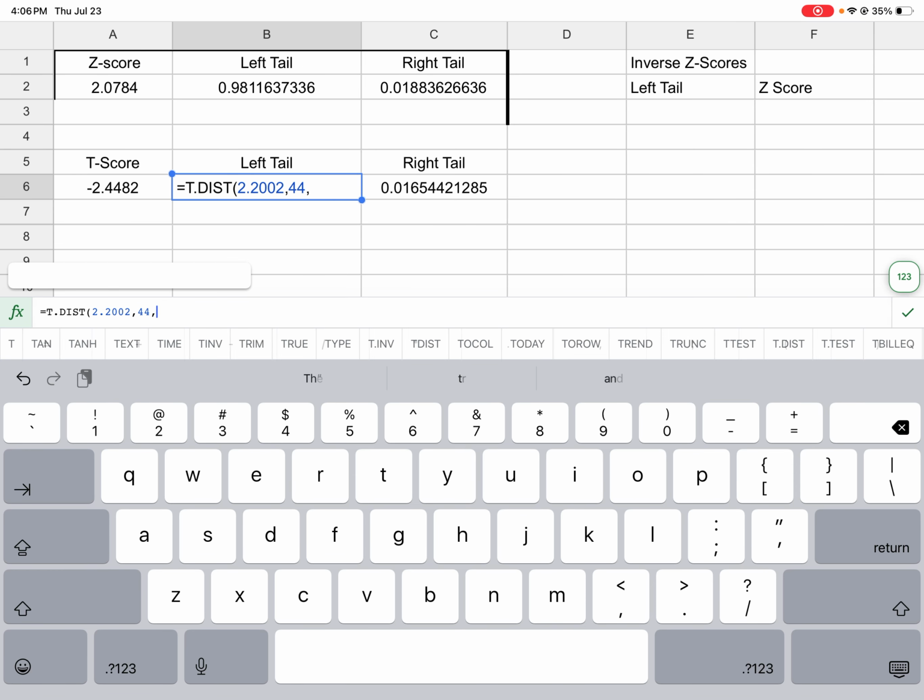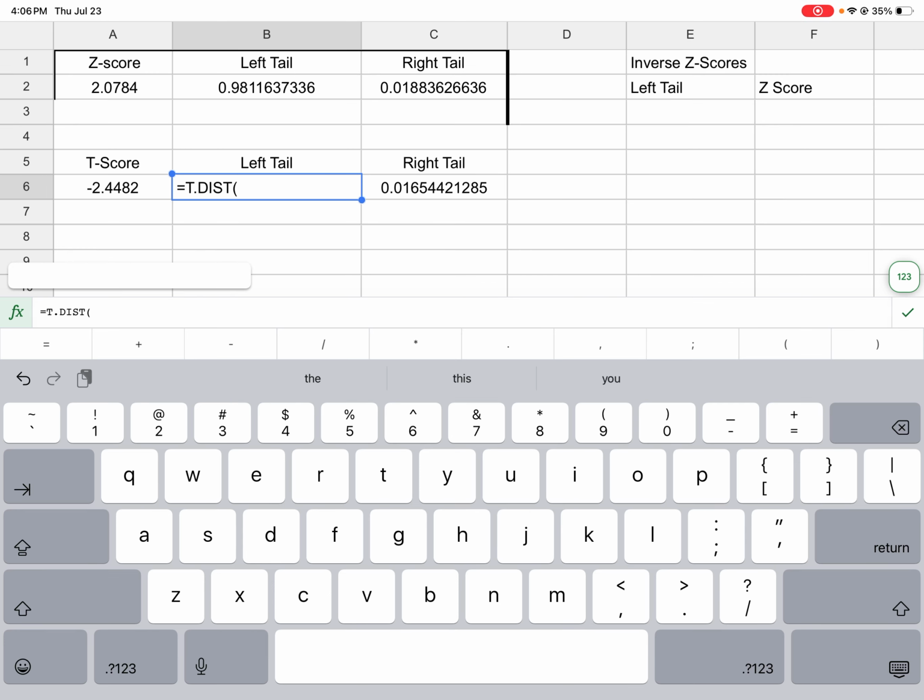You type in equals t dot dist, then your t statistic, your t-score, comma, the degrees of freedom, which is your sample size minus 1. I had a sample of 40, minus 1 is 39, comma, true. Always true.